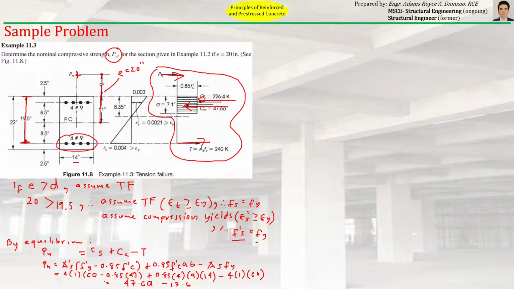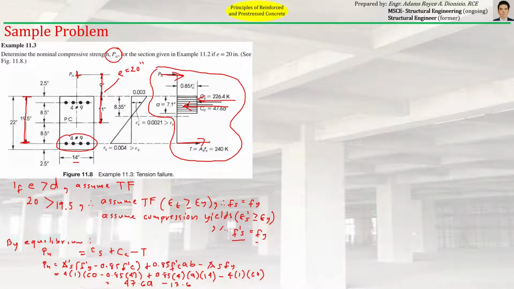Okay, sinimplify ko lang yung equation. You have to take note na in terms of A to, yung term na to. Itong dalawang term dito, constant lang naman yan. Kaya pinagsama ko na sila. Naging minus 13.6. Okay. That is using summation forces pa lang. Summation forces pa lang yung ginamit natin dyan na equation of equilibrium.